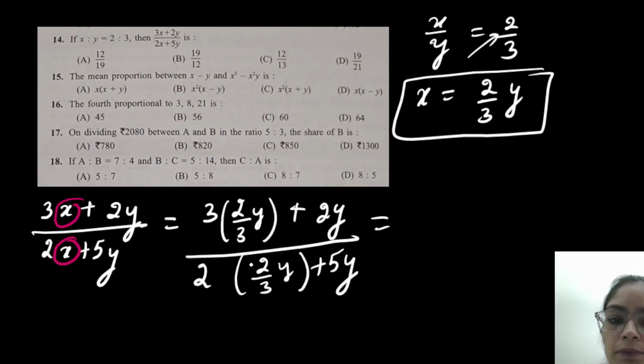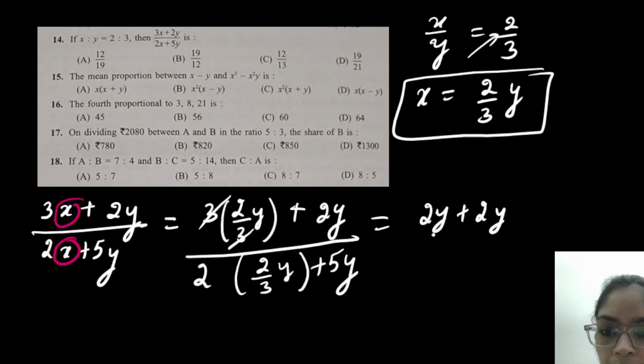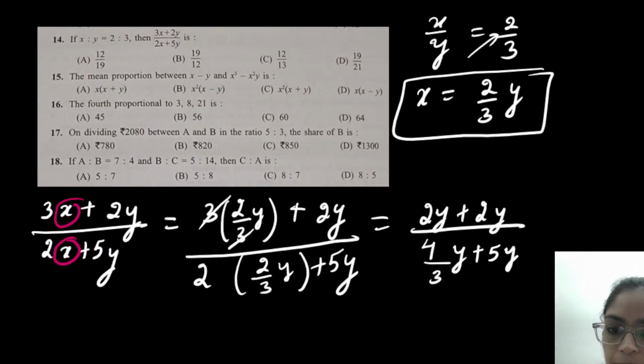Now we can simplify this. Here 3 and 3 will get cancelled. So what I am left with now, 2y plus 2y in the numerator. Denominator, this we can write, 2 into 2 is 4, 4 by 3 y plus 5y.